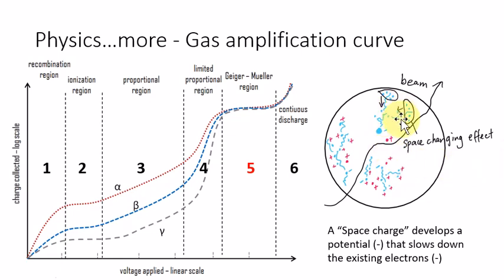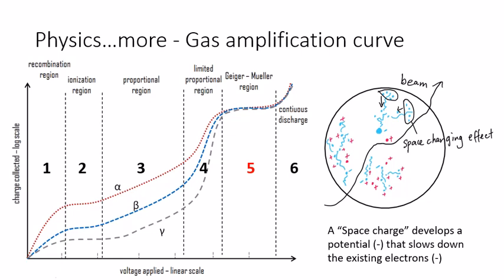For example, they will repulse the electrons over here. This repulse effect is called space charging effect. Basically, it shields other ionized electrons. That is why the signal in the GM region is relatively flat.